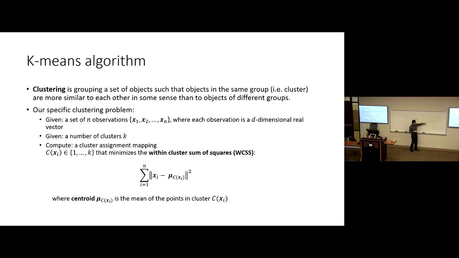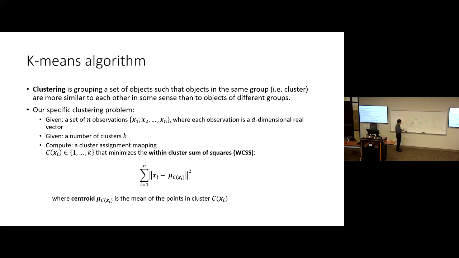This is a single number, and when this number is the smallest, you have the solution. You found the three centers, and you found the members each data point belongs to.